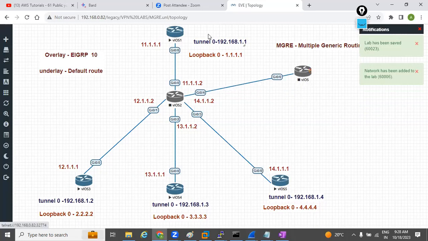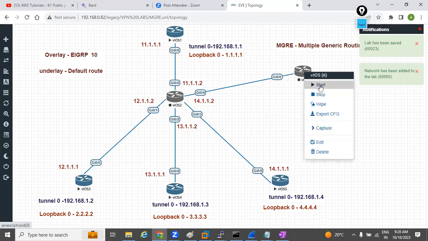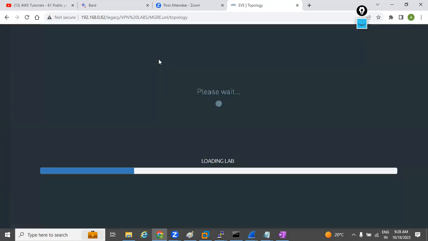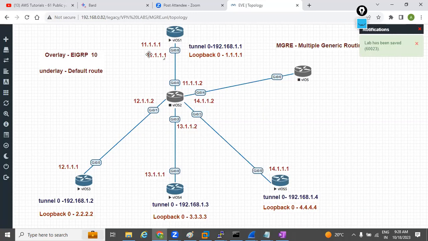This is clear. Now, this would act as hub 2, so we would configure some IP here. Let's consider we use 15.1.1.1.